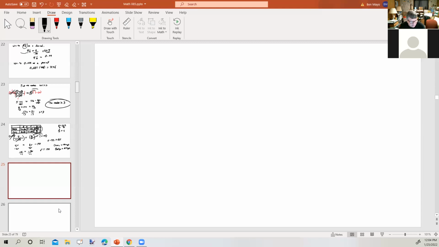Am I going to be able to walk down the escalator? No, I'm going to have to go faster, aren't I? So what if I walk 4 miles an hour and the escalator is coming at me at 3 miles an hour? How fast am I going down? 1. 1, right.